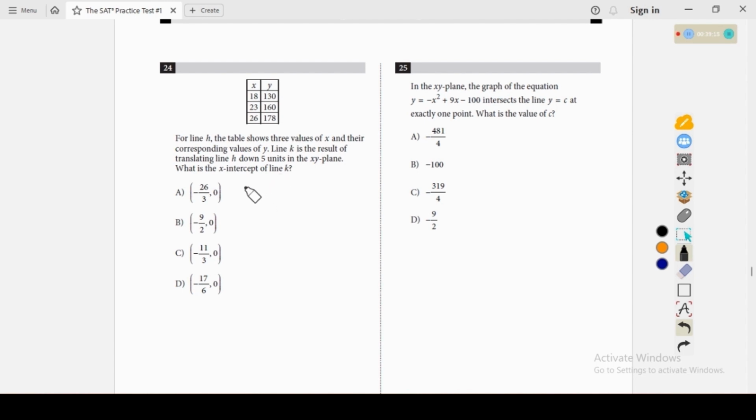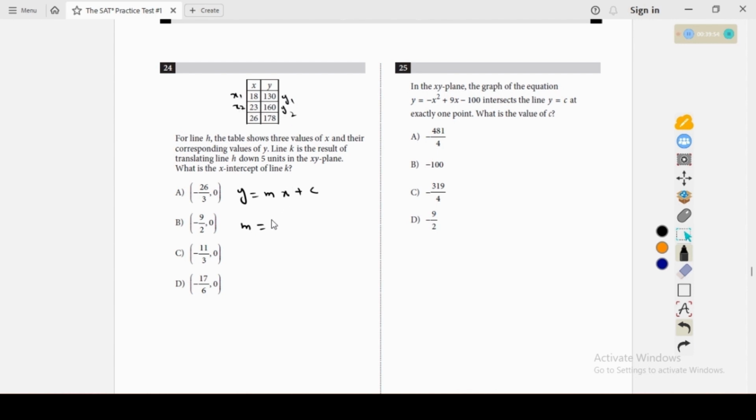As we know, from the slope intercept form, the equation will become y equals mx plus c, where m is the slope. Let's find the slope. Let's say this is y1, this is y2, this is x1, this is x2.